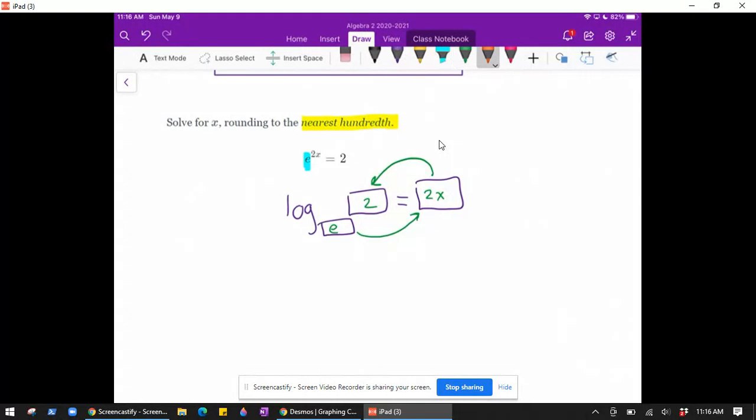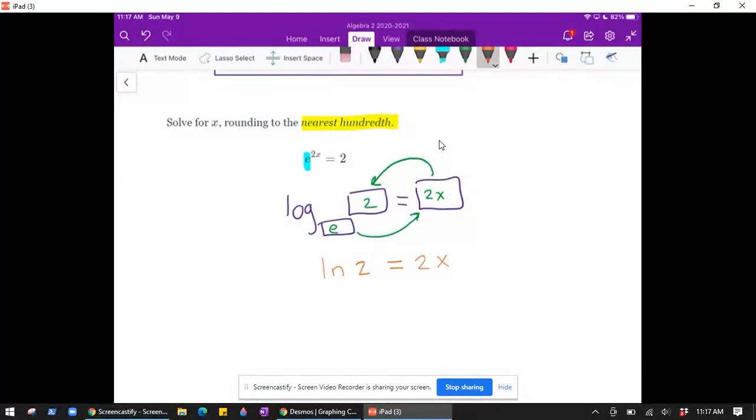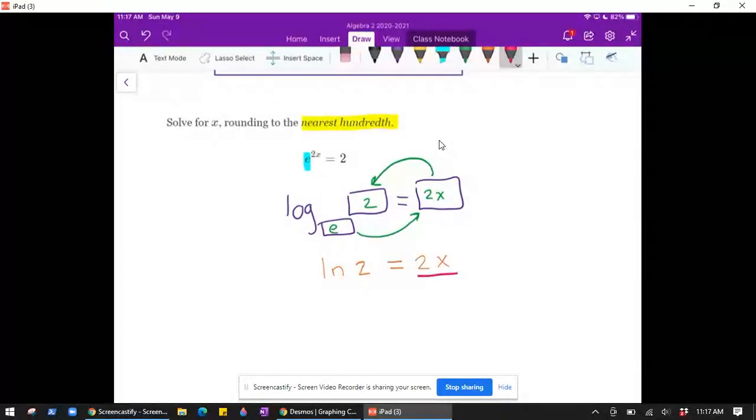The right side of the equation now says 2x. I'm trying to solve for x, so I'm going to have to divide both sides by 2. But before I do that, let's remember that log base e is more conventionally written as ln. So I'm going to rewrite this as ln of 2 is equal to 2x. And the last thing to do to solve for x would be to divide both sides of this by 2.